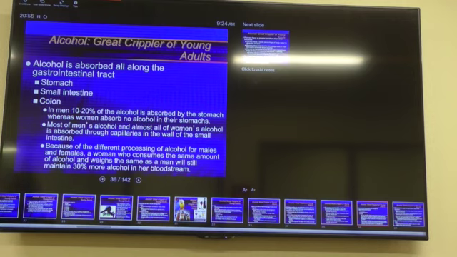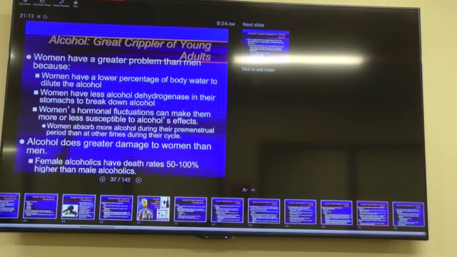Because of the different processing of alcohol for males and females, a woman who consumes the same amount of alcohol and weighs the same amount as a man will still maintain 30% more alcohol in her bloodstream, as weird as that is. Women have a greater problem than men because women have a lower percentage of body water to dilute the alcohol.